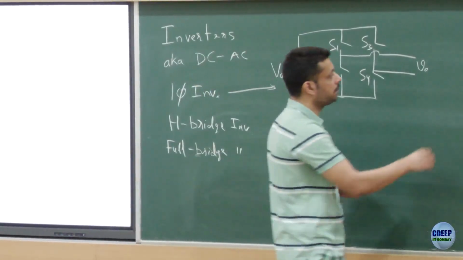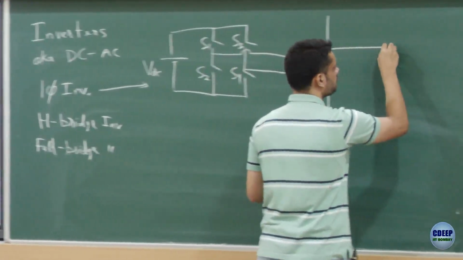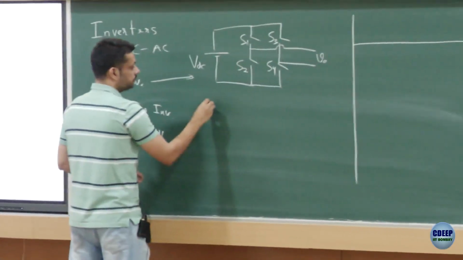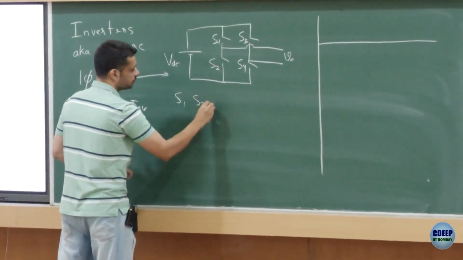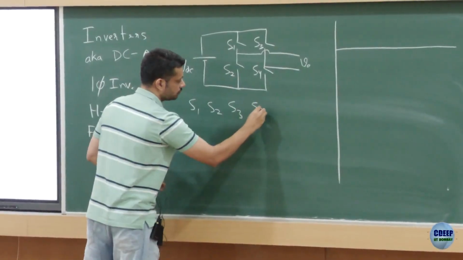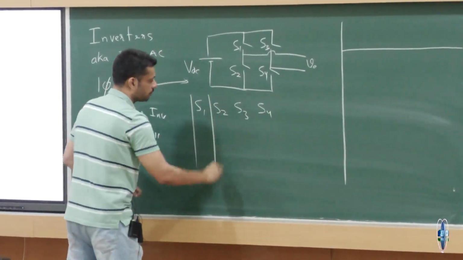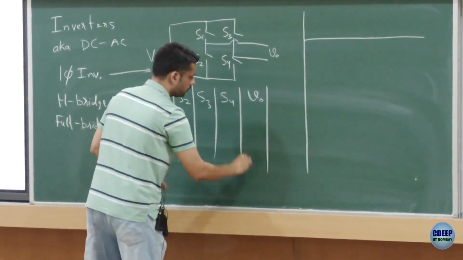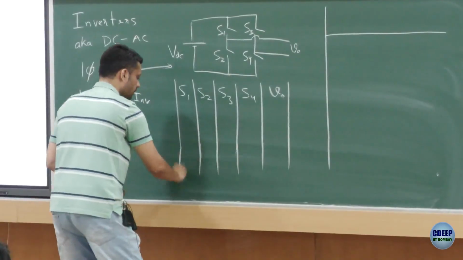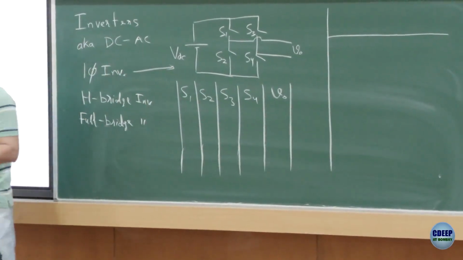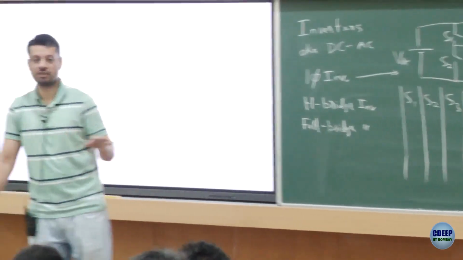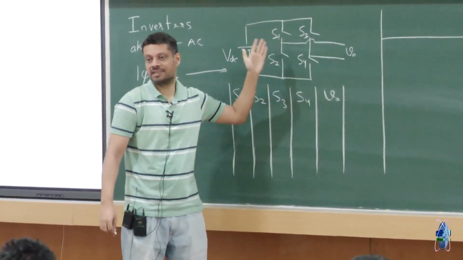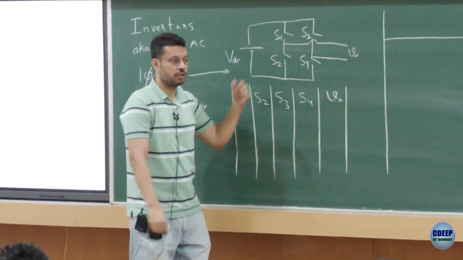How does it operate? You have four switches, so you can turn on some switch, turn off some switch, and in some combination you will get a certain output voltage, in some other combination you will get a different output voltage.